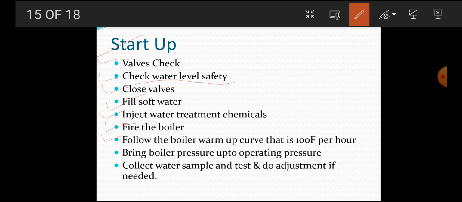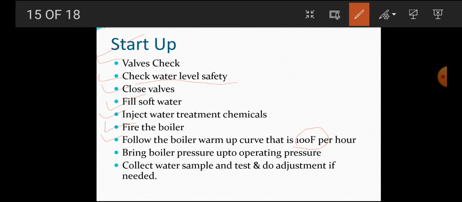So you need to slowly increase the temperature. You cannot increase it very drastically. We need to check the manufacturer's guideline of whoever has built the boiler. So those guidelines need to be checked.